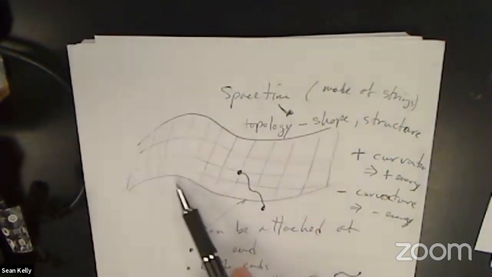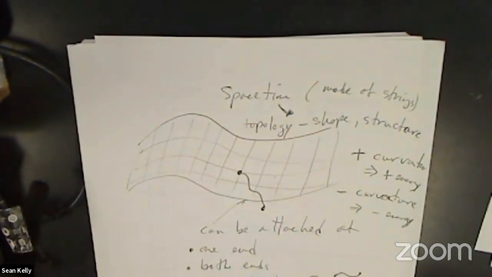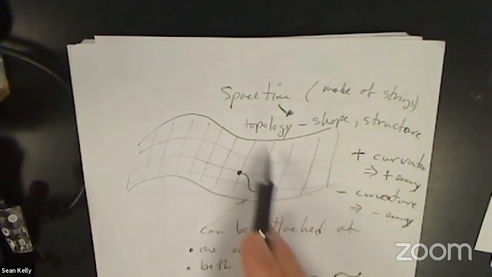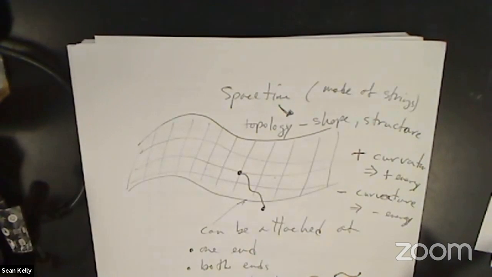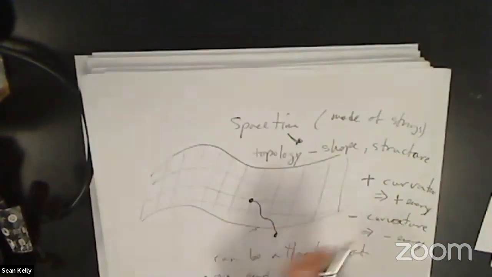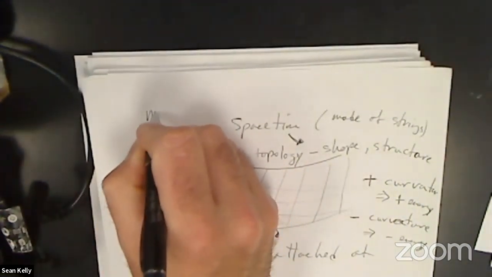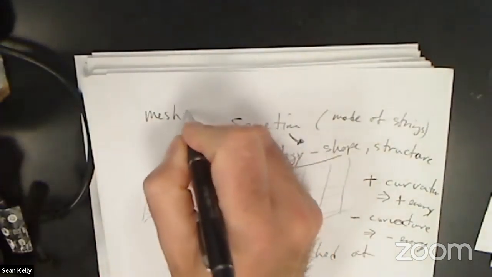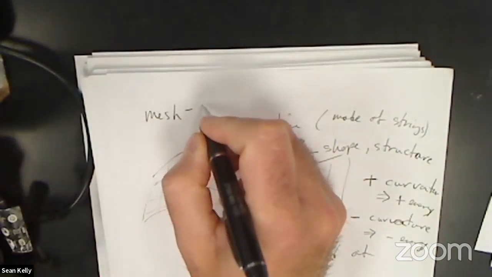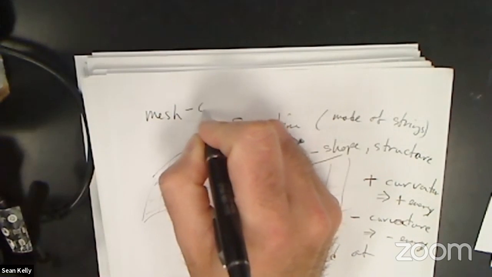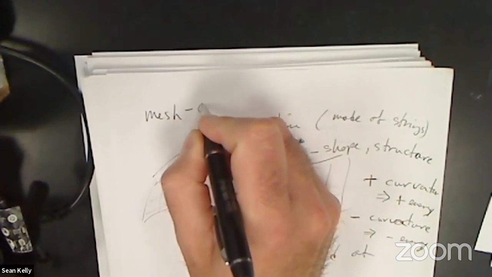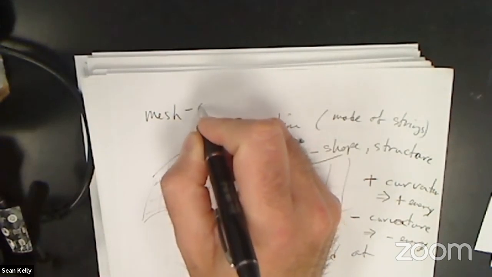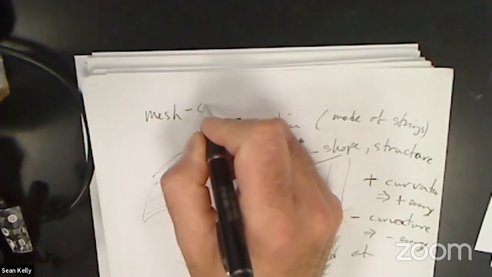What is the name for a grid of strings that are stuck together to form this topological surface that we might call space-time? The word that you're going to be hearing is a mesh. A mesh is a cohesive, coherent, I don't know.